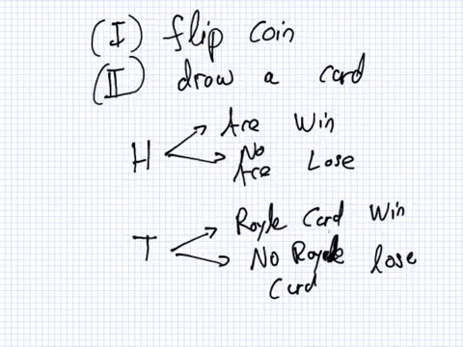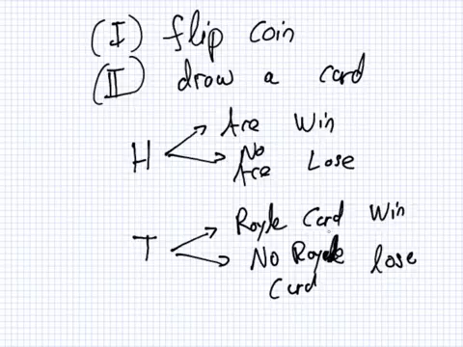So when you flip the coin, what do you really hope to get, heads or tails? Tails. Well, tails is a little bit better, because then for the next half of the game, which is easier, to get an ace or to get a royal card? And by royal I mean jack, queen, or king. So which is easier to do, to get an ace or to get a royal card?